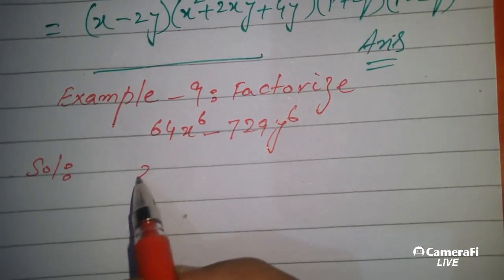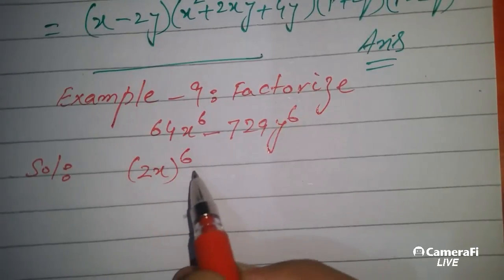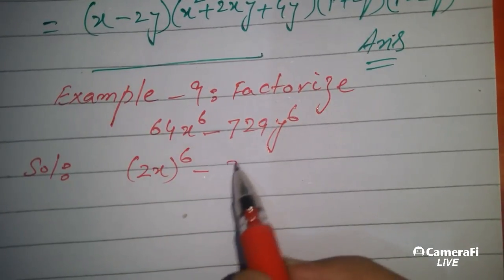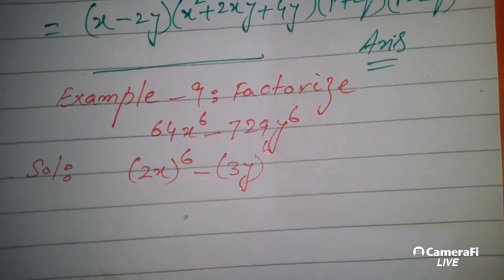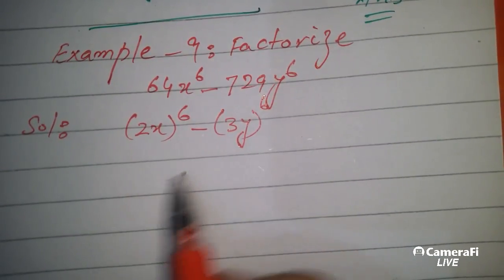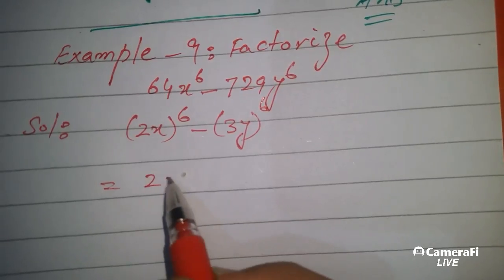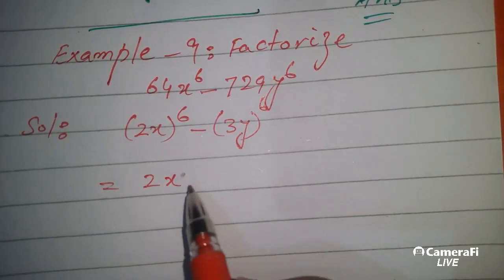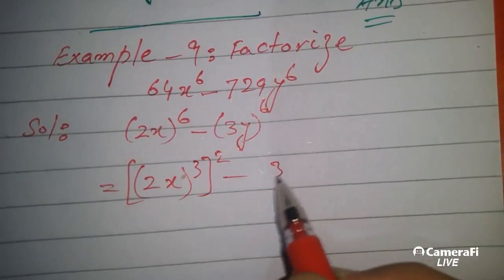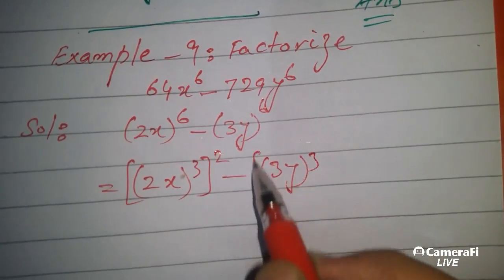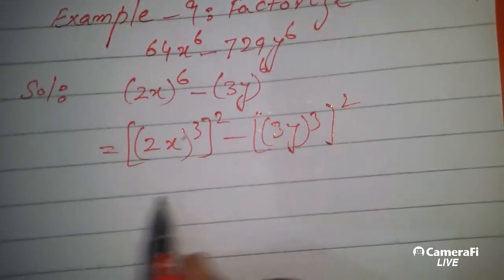It can be written as 2x raised to power 6 and 3y raised to power 6, and here 2x raised to power 3 square and 3y raised to power 3 squared.